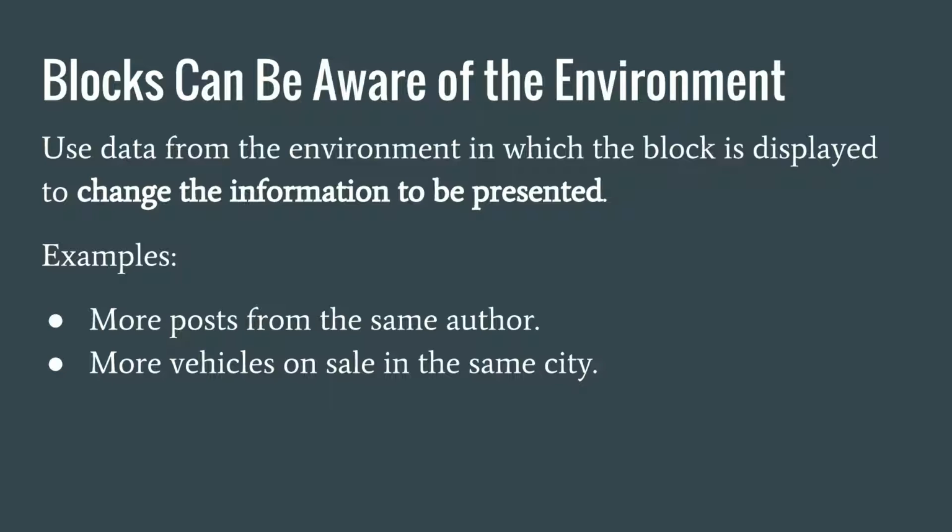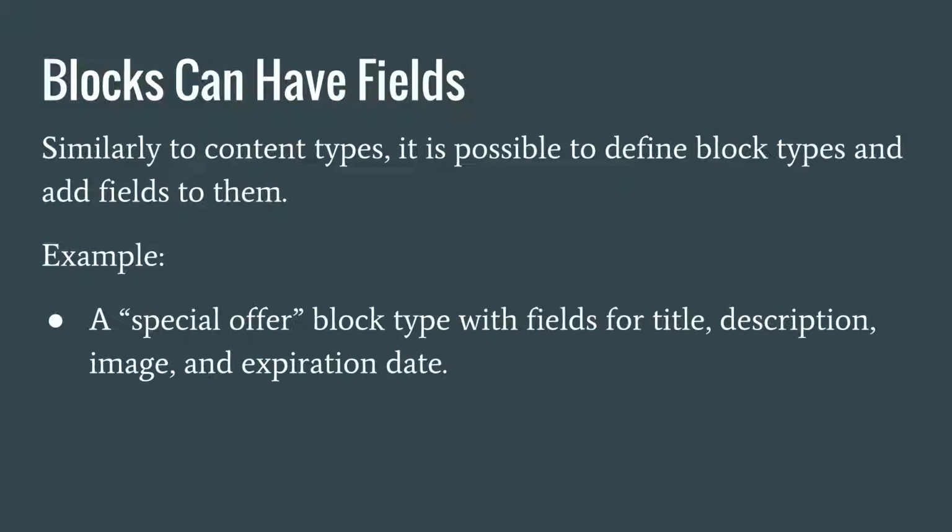So it will grab the author of that node, and then it will perform the operation in the database to look for more articles written by the same person. Or if we're selling vehicles, we can say more vehicles on sale in the same city, for example. So I am viewing a specific car, but I say you might also be interested in these others, and these others are cars in the same city.